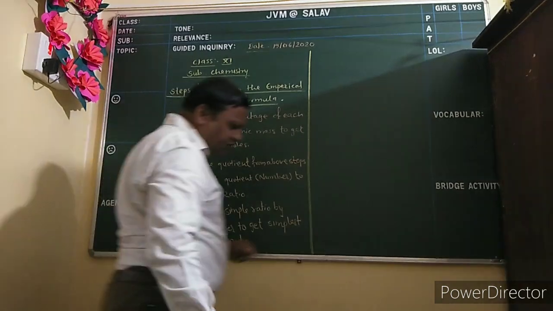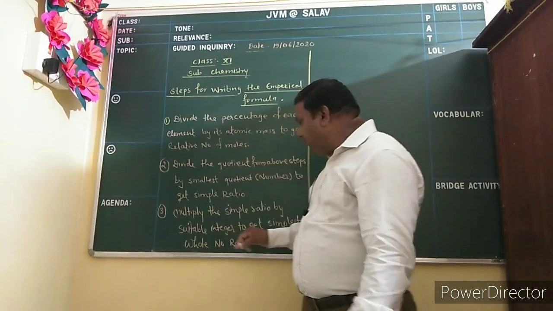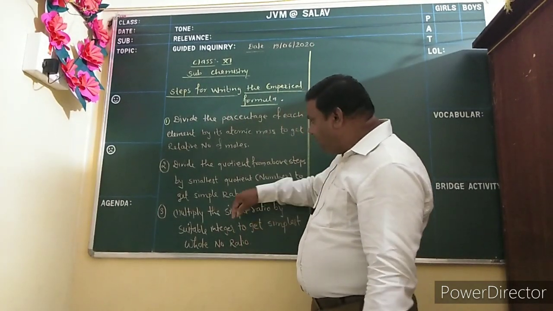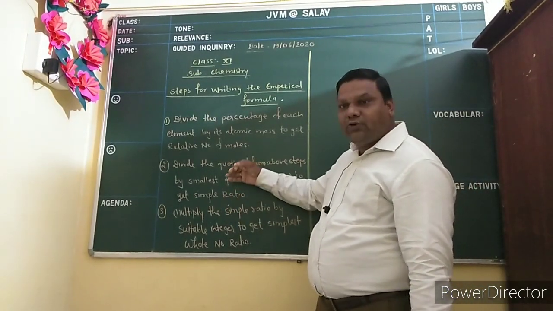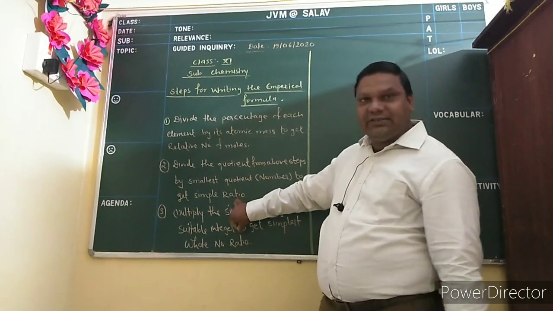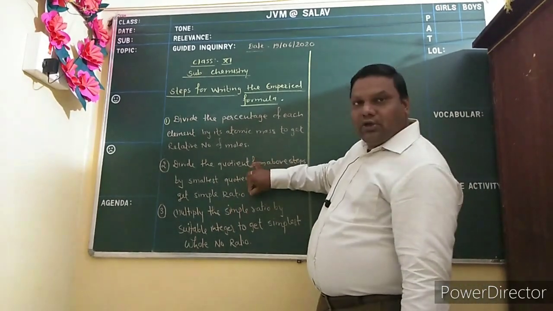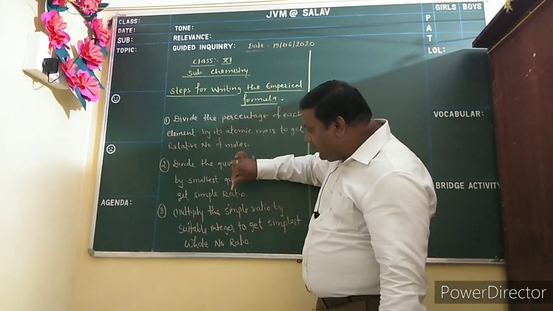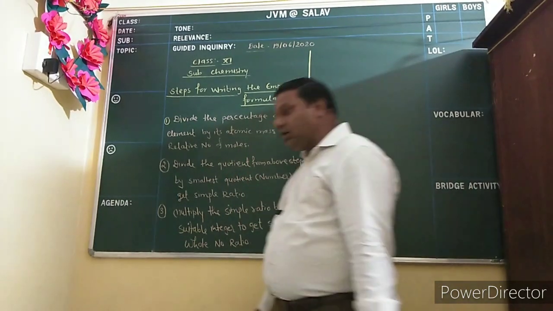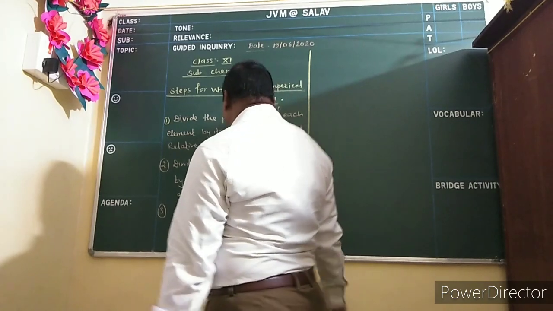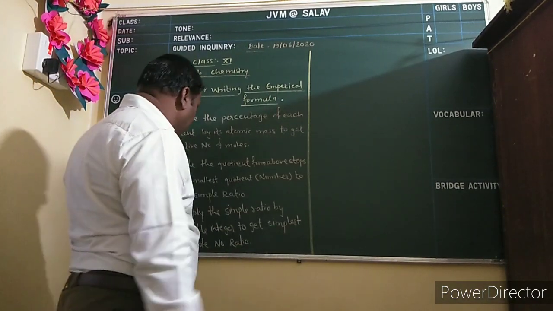This step is applicable when the ratio is in fractional form, maybe 1.5 or 2.5. At that time you apply this. Otherwise, if it already has a simple whole number, you get it in the second step itself, so the third step is not required. That is very simple.